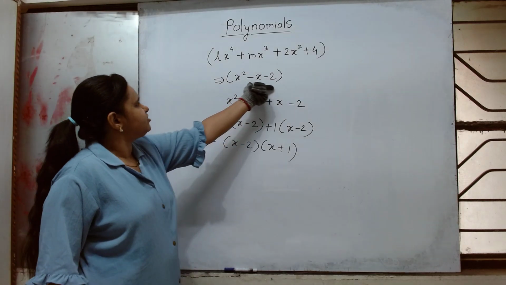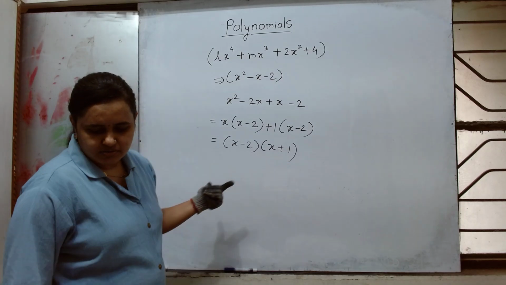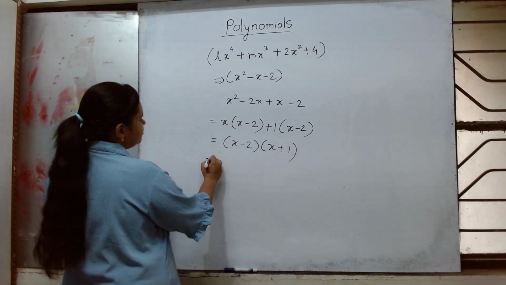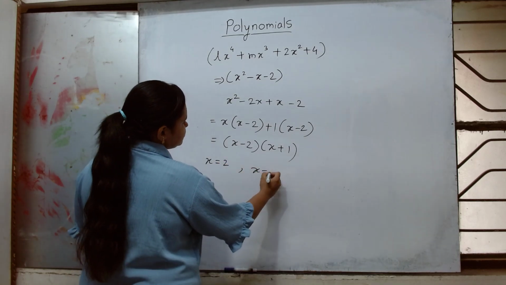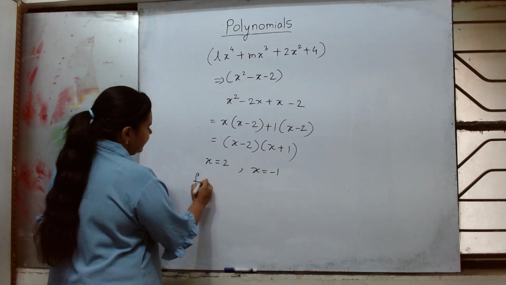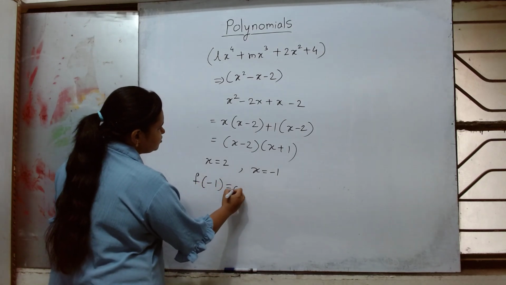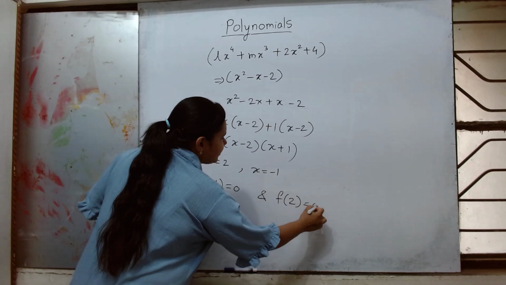Now, the factors of this polynomial are x minus 2 and x plus 1. So from x minus 2, x will be equal to 2, and x is equal to minus 1. These are the factors. So f of minus 1 will be equal to 0 and f of 2 will also be equal to 0 by the remainder theorem.